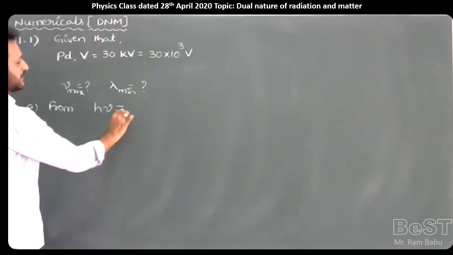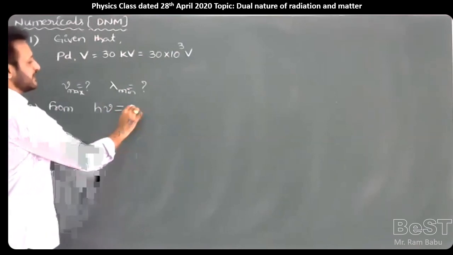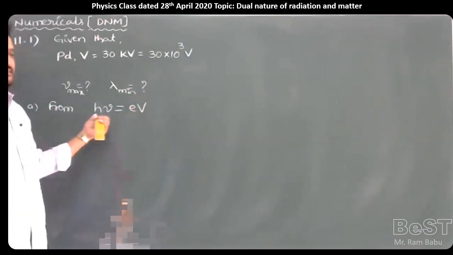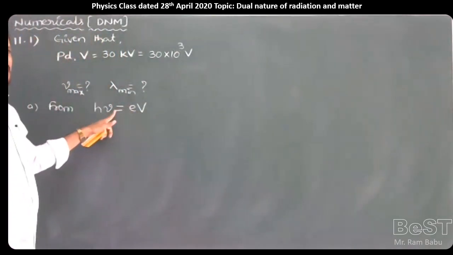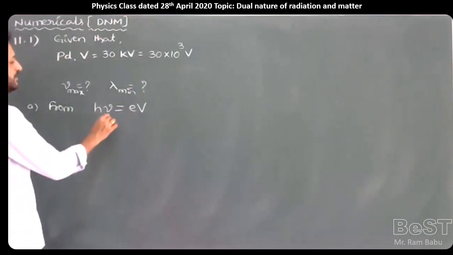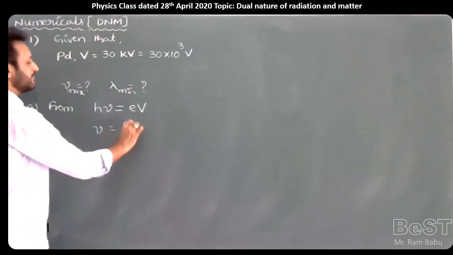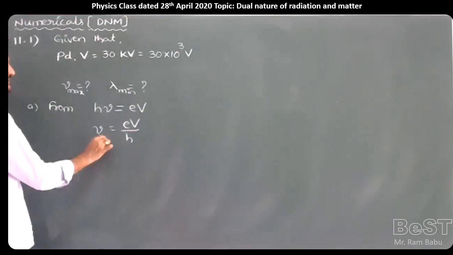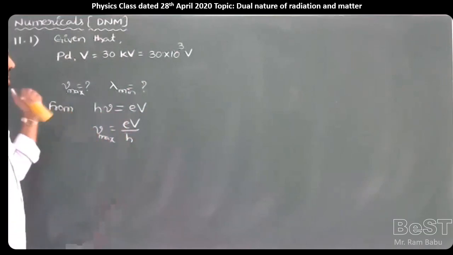But one more formula, kinetic energy K equal to eV naught, is also there, which is e into V. So for the energy of the X-rays, one formula we have, E is equal to h nu, or E or K is equal to eV. Here nu is nothing but nu maximum. Then nu maximum is equal to eV by h. That is how the maximum frequency should be calculated.